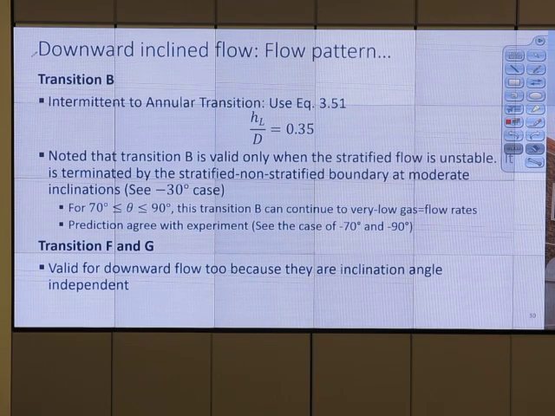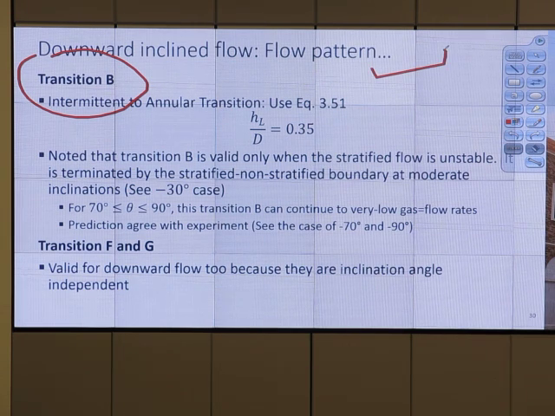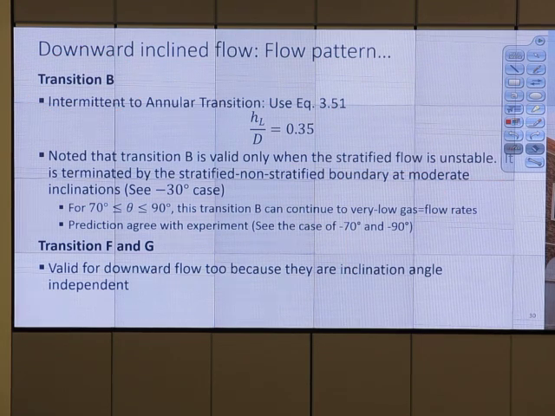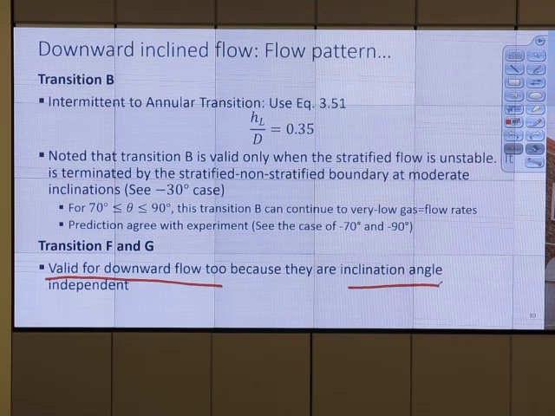So this is the version before the unified form of the Bunny model. If you already know the Bunny model, use that graph. You remember this graph? Use this one between X and Y. That's a truly unified model. Transition F and G are valid for downward flow too, because they are inclination angle independent.